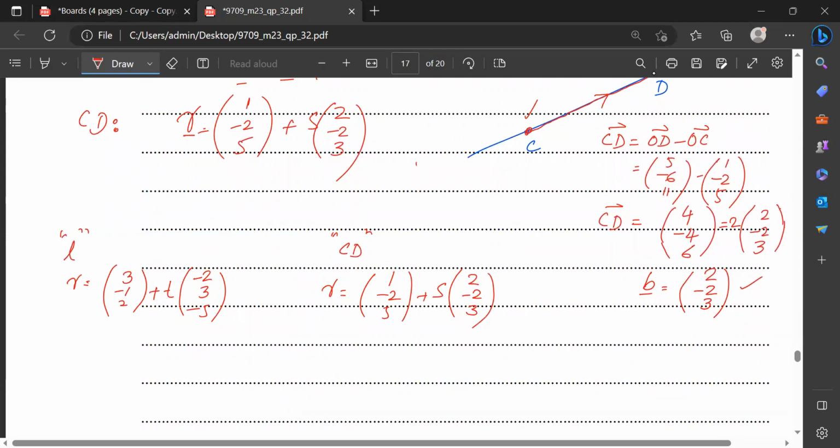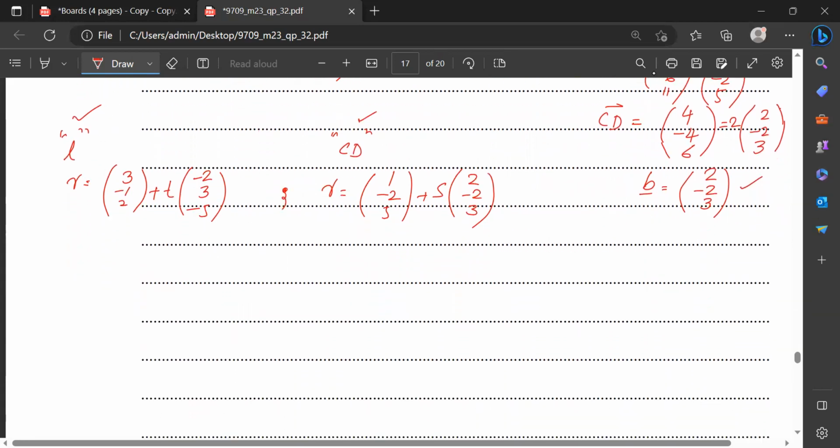So these are the two lines. One is line L, the other is line CD. I'm looking for the point of intersection if they are intersecting.